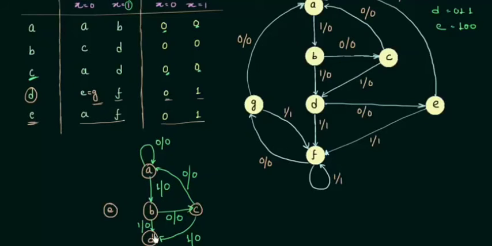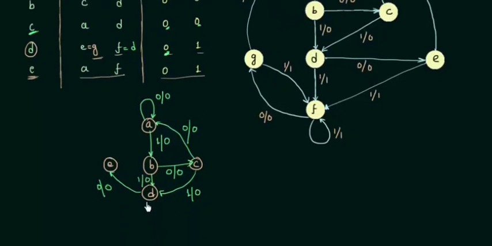Now I am on D, and if input is 0, I will go on E. So I will go on E like this for input 0 and output is 0. Now if input is 1, I will go on F, and F is equal to D. So I will remain on the same state like this. If input is 1, output is also going to be 1.